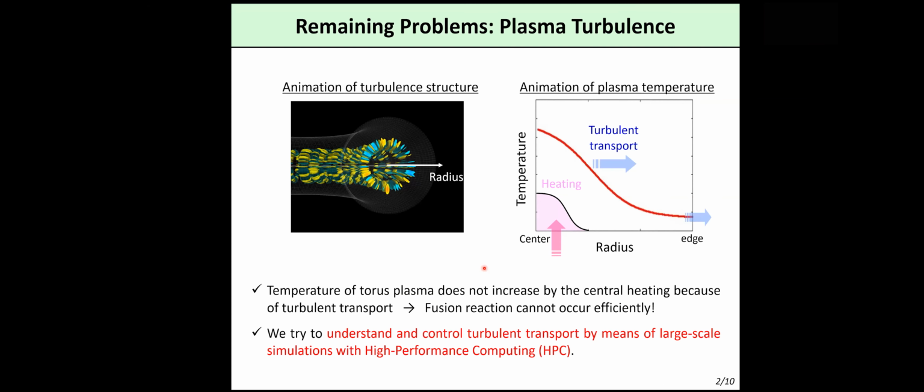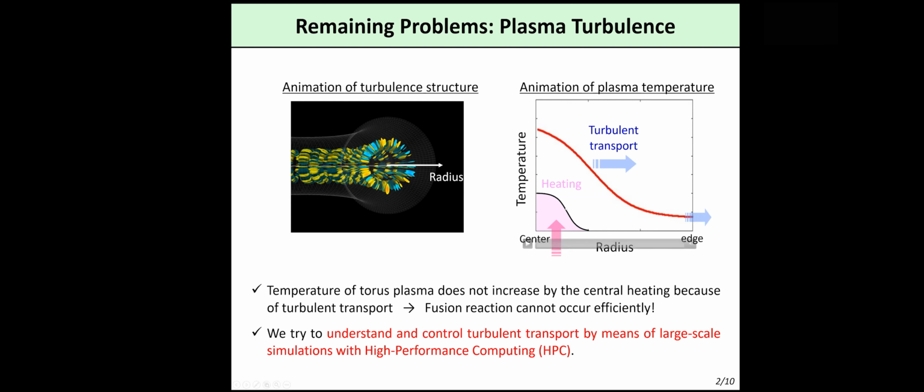But there are several unresolved issues for the practical application of fusion energy. One of them is called the turbulent transport problem. I would like to explain this problem by these 2 animations. The left animation shows a donut-shaped fusion reactor sliced in a circular section, tracing the turbulent structure.